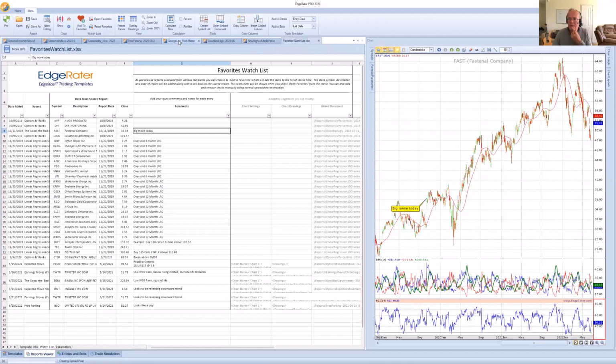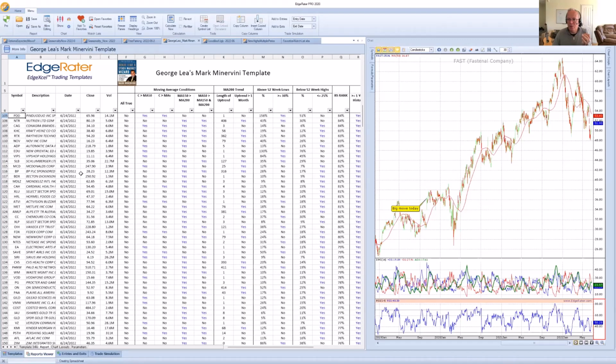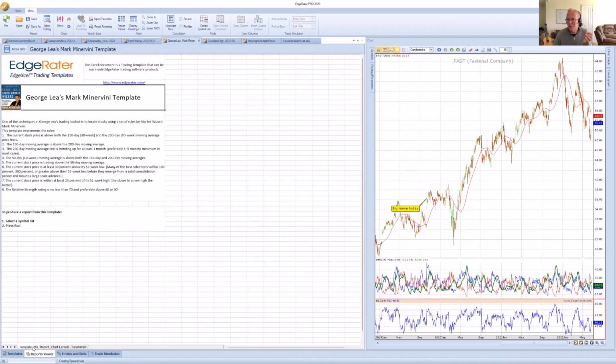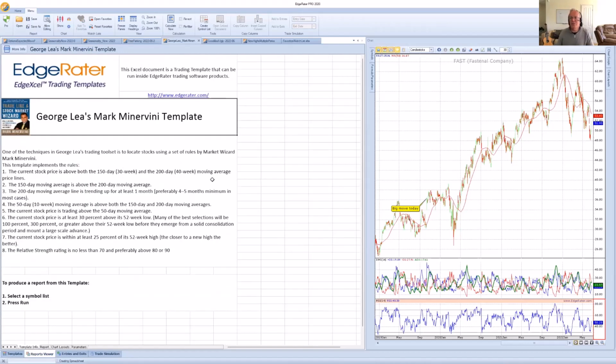Another, I did mention the Mark Minervini template. I have been doing a little research on Mark Minervini. This is one of George Lee's favorite gurus. And in his book, he has a few rules about when he will be trading a stock. So these are like his non-negotiable criteria. These are stocks that are in, I think he calls it stage 2, which is your accumulation phase.